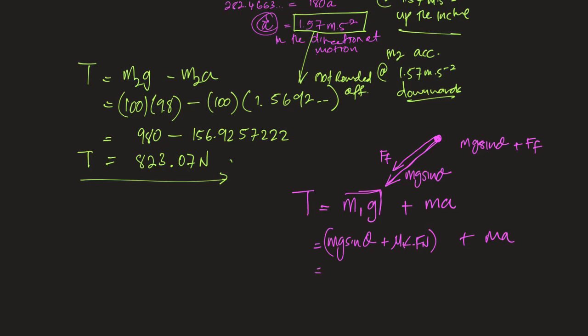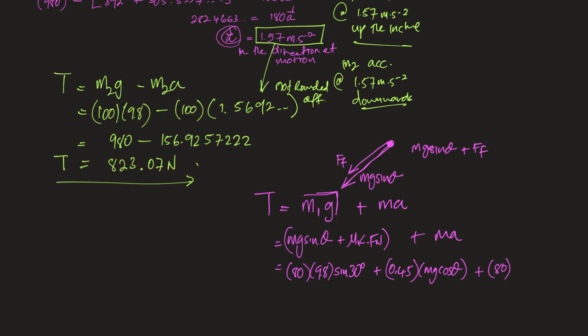Now mg sine theta would have been 80 times 9.8 sine 30 plus mu k, which is 0.45, times mg cos theta, plus m, which is 80, times the acceleration, which is 1.5692.